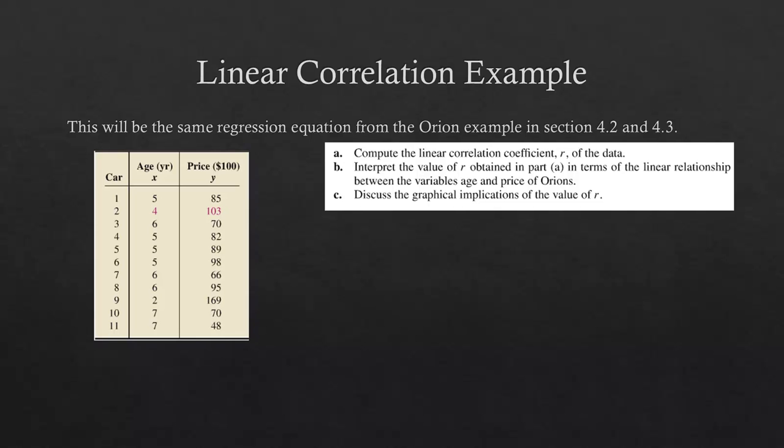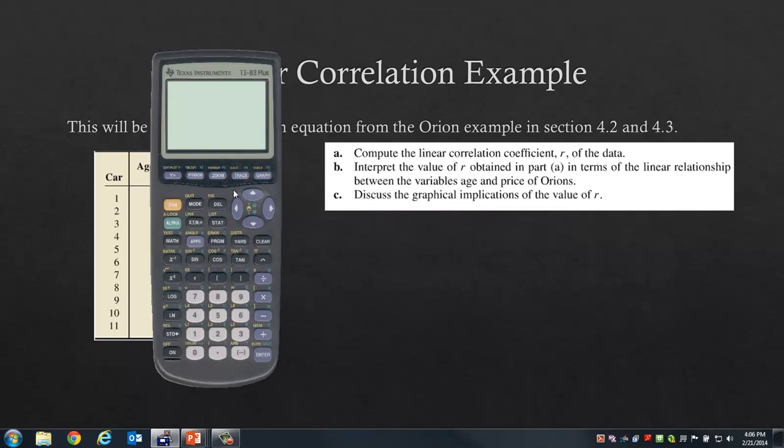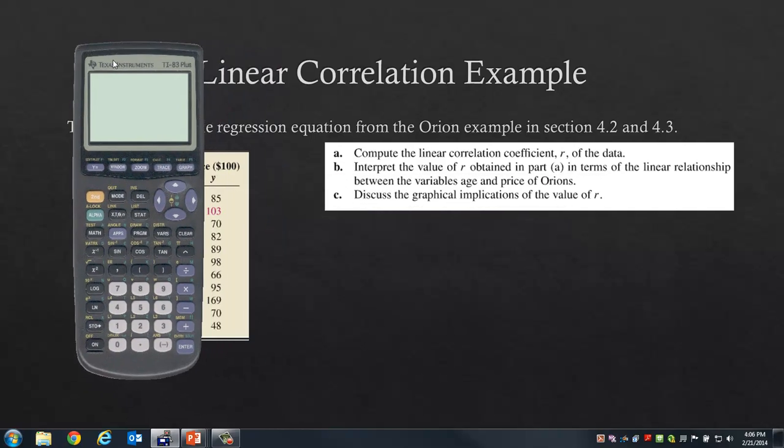So this is our same problem that we've been using now what seems like forever. We used it in 4.2 and in 4.3. But this time we're going to use that data to help us find out the linear correlation coefficient, or R. Okay, so let's pull up our calculator. And here's our calculator.